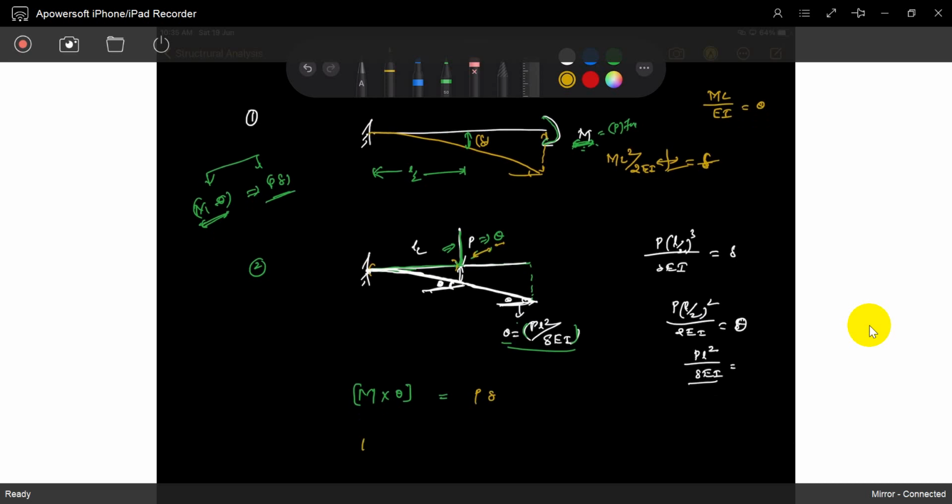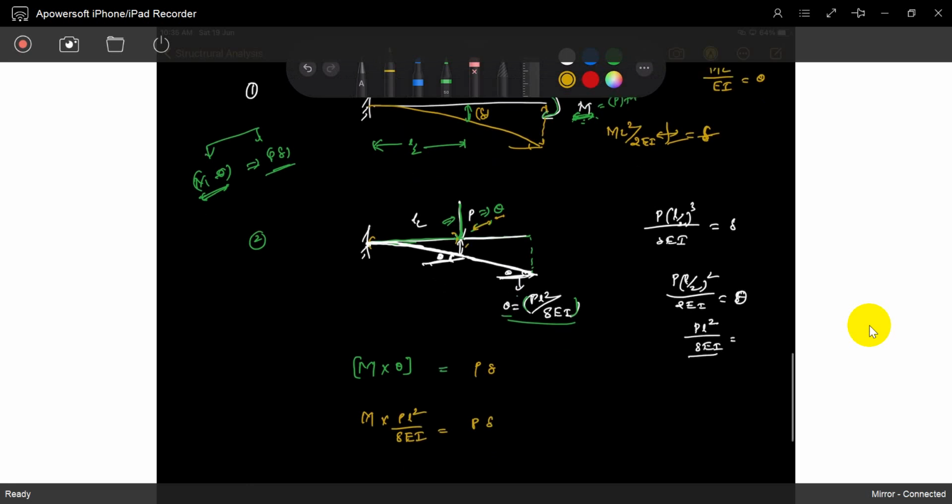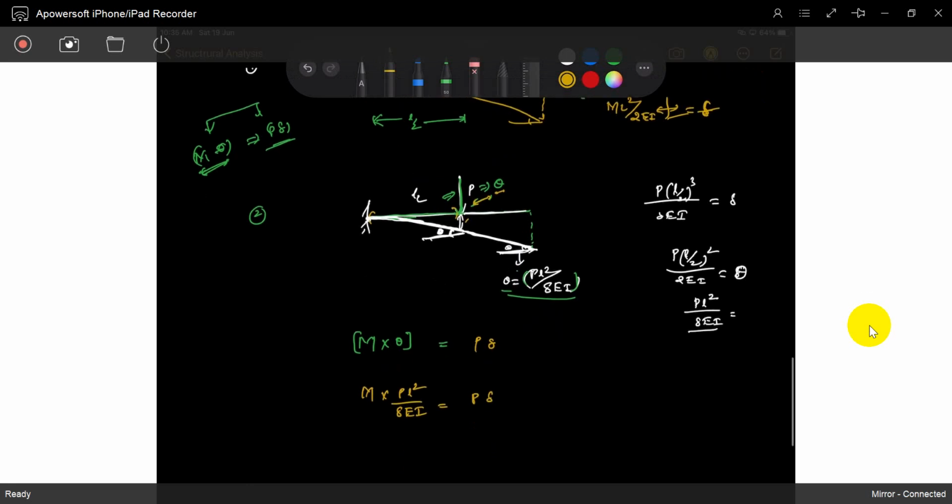We already know this M, so the displacement is rotation. ML square by 8EI is equal to the P force times the displacement, which we don't know. Are you understood? So finally, what is the displacement?